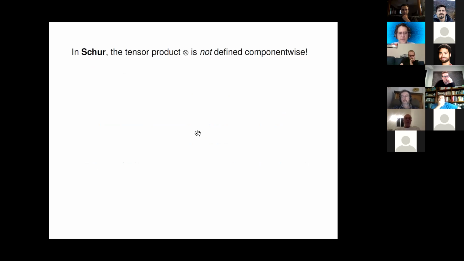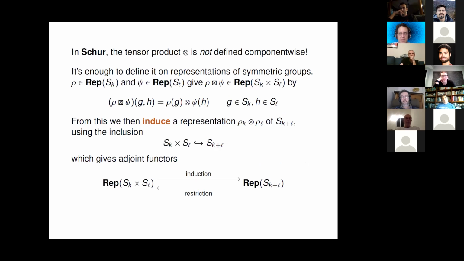Now, the tensor product in Schur is not defined component-wise. If it was, this would be boring, and we would not be doing anything except studying all the representations sitting side by side. This is the exciting part, the multiplication in our 2-rig. And it's going to be enough to define it on representations of symmetric groups.